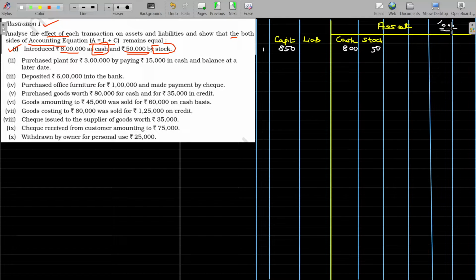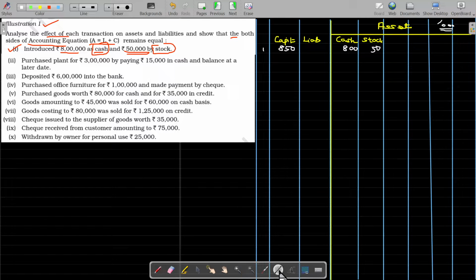By default, you can understand 800,000, 50,000, that's how you can understand. 850 capital. Cross verify whether the asset side is matching with the liability side or not. So this will be the liability side. Yes, of course, matching. 850 and 850.